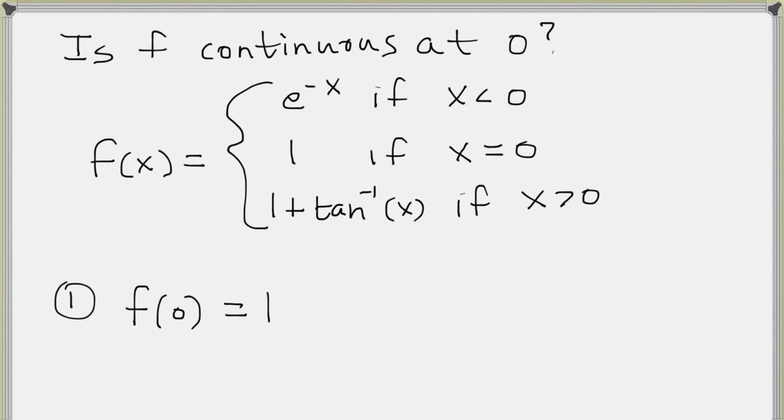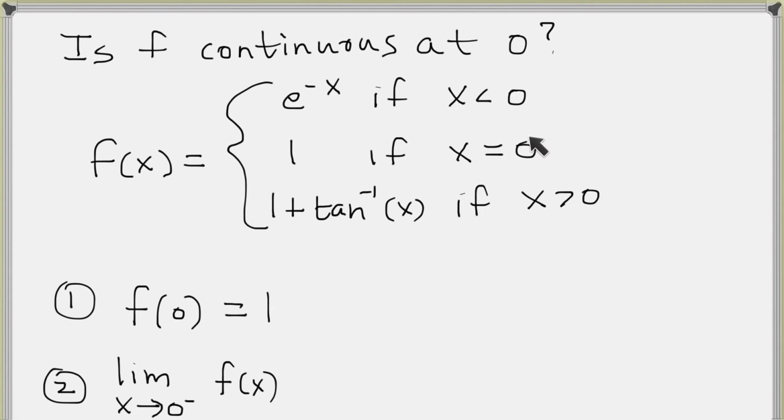The next condition is to take a look at the two-sided limit. Just like in the previous example, we have a different formula on the left side of 0 than we do on the right side of 0. So we're going to have to take the limit from the left and the limit from the right. Let's start with the limit from the left.